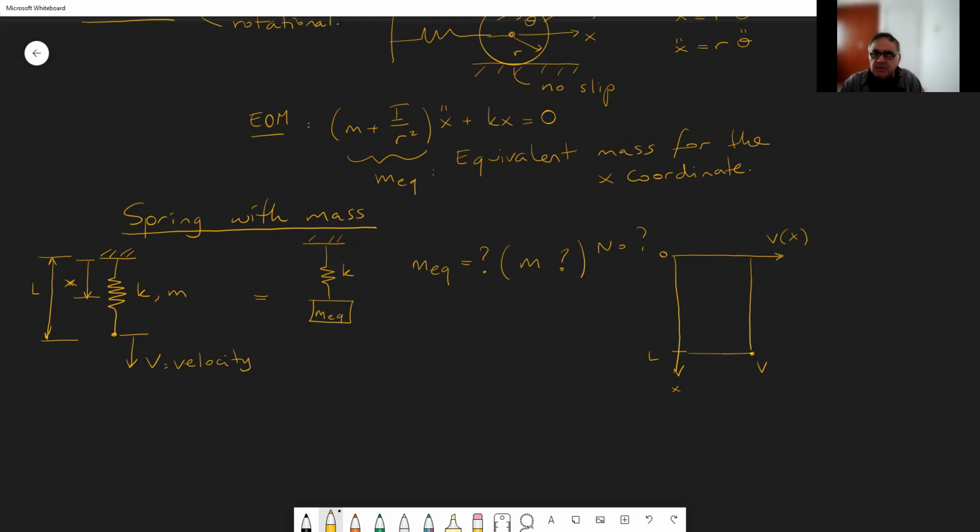We will assume a linear distribution of velocity along the spring.